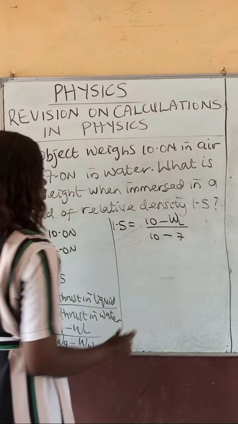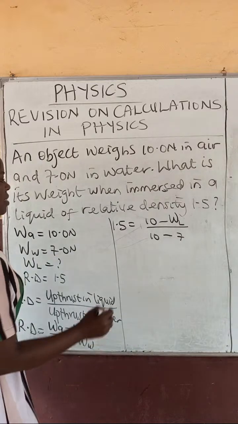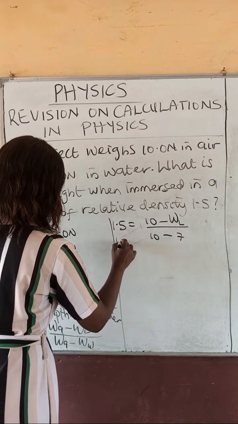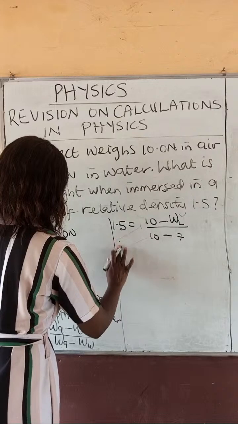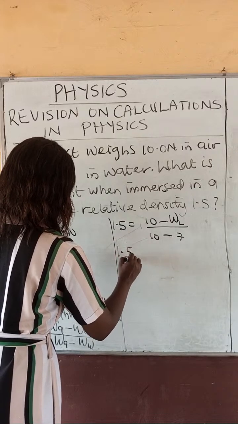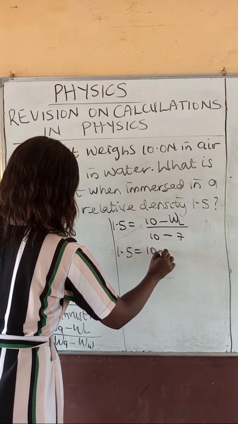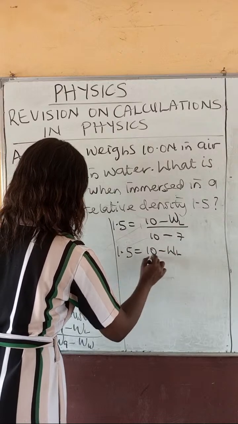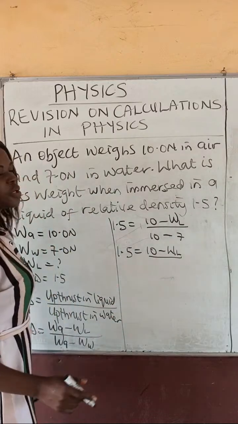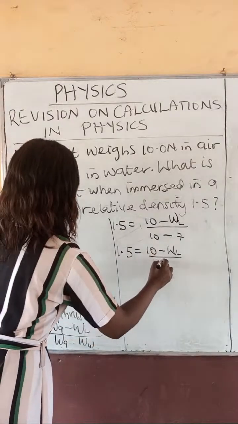So I have 7. This is the same thing as saying 1.5 is equal to 10 minus weight in liquid divided by 3. 10 minus 7 gives me 3.